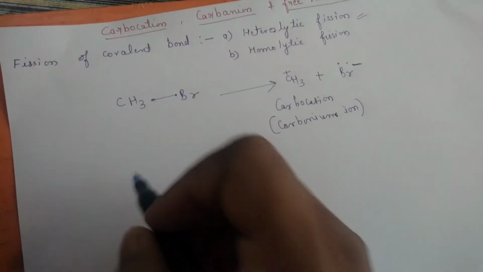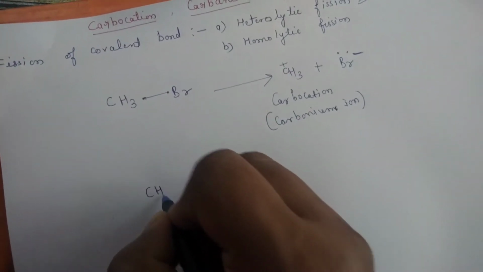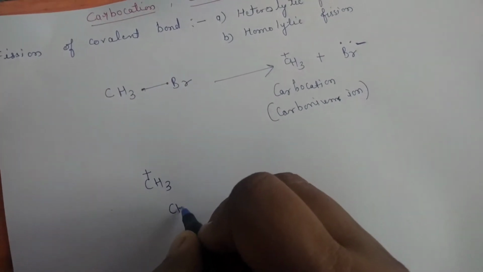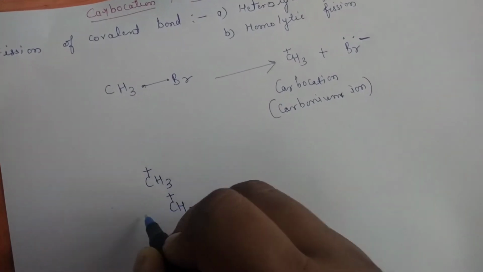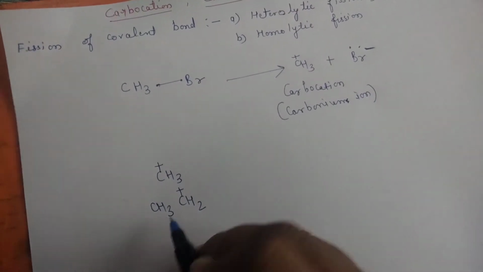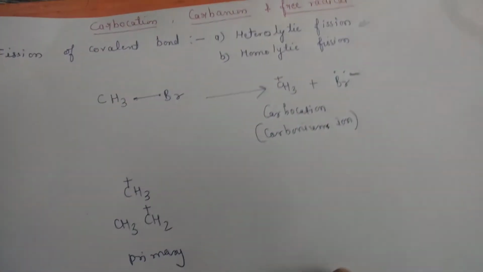Carbocations can be primary, secondary and tertiary. Suppose methyl carbocation, this comes under primary. If we have ethyl cation, CH2 CH3, here C is attached to only one C, so this is your primary carbocation.